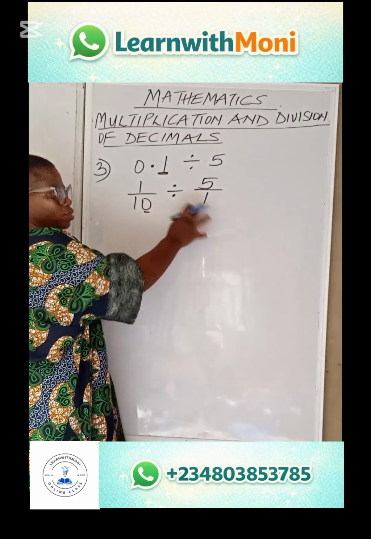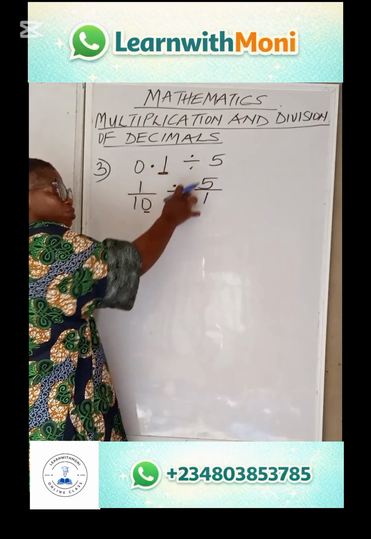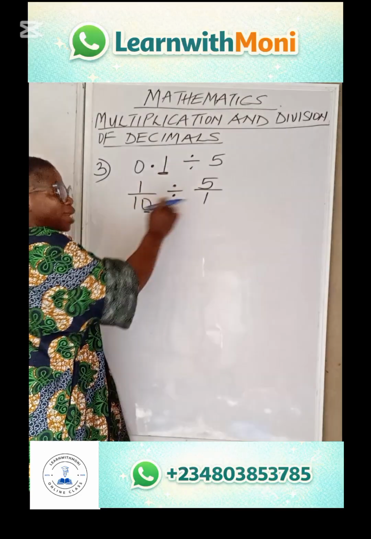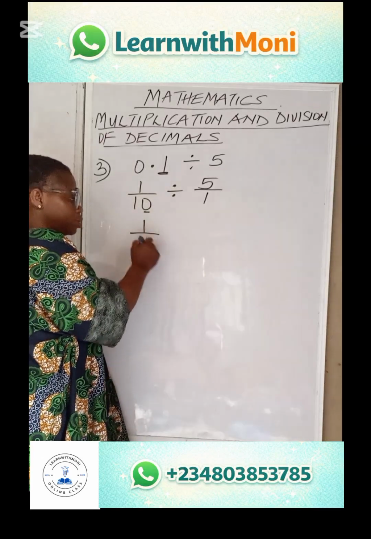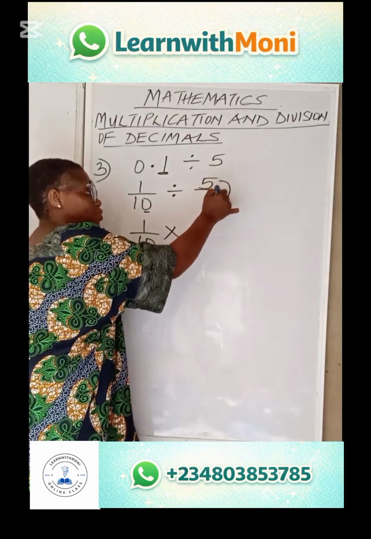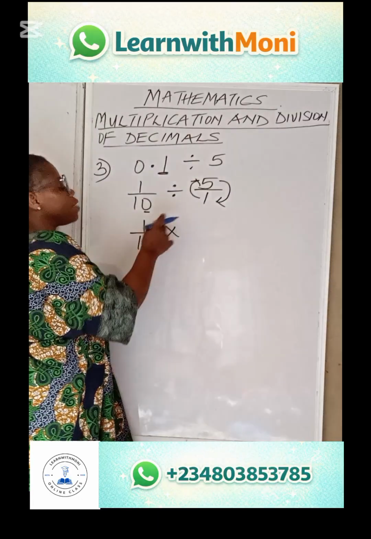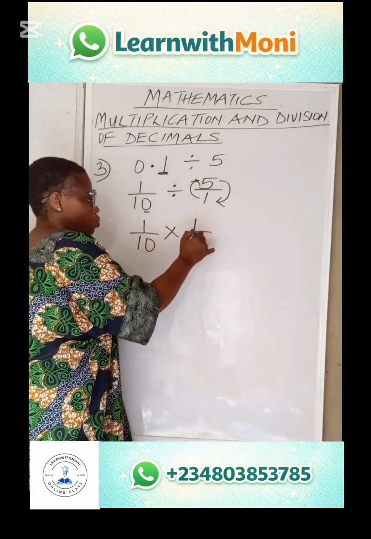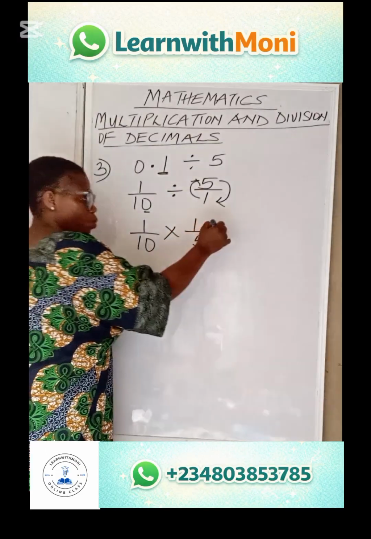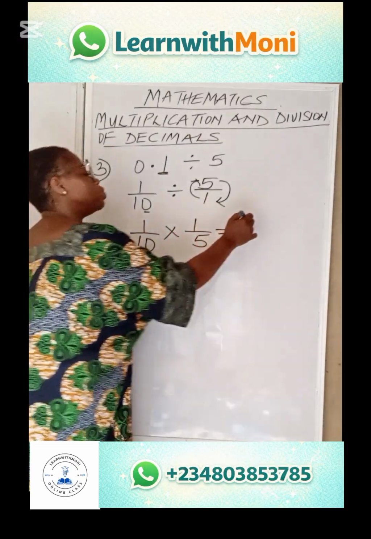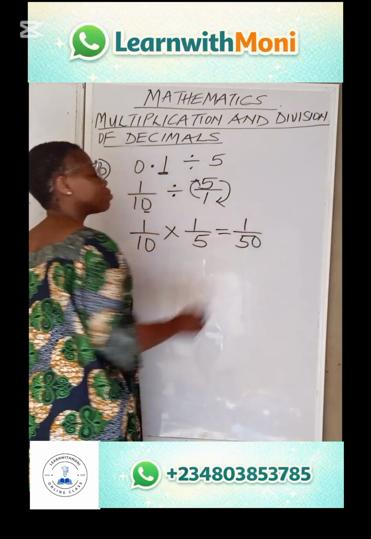So I have not done anything strange here. We have to change this division sign to multiplication, because now it is like division of fractions. We change the division sign to multiplication, and this dividing fraction, the divisor, will rotate. So we have 1 over 10 times 1 over 5. It has rotated. So what I have here is 1 times 1, 1 over 10 times 5, 50.